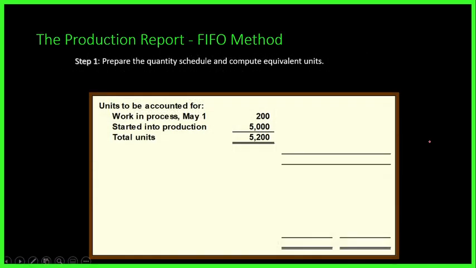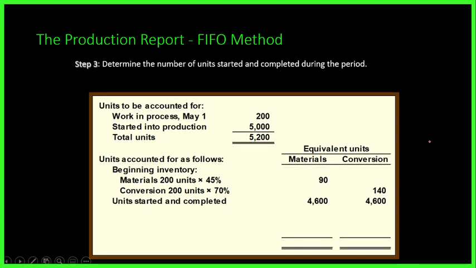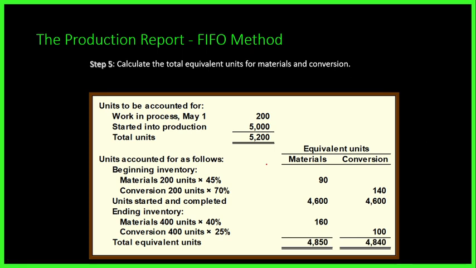Now, let's continue. I just want to emphasize one thing. You have the beginning inventory at 90 and 40. Take note that in this approach, the EUP is computed as follows. Earlier, in the weighted average, we used 4,800 plus 160.